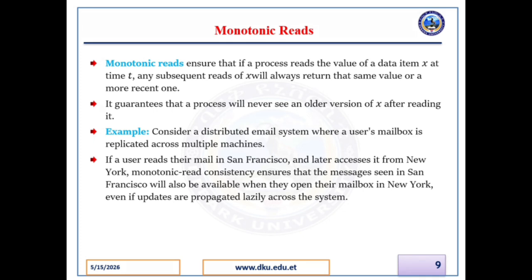For example, consider a distributed email system where a user's mailbox is replicated across multiple machines. If a user reads their mail in San Francisco and later accesses it from New York, monotonic read consistency ensures that the message seen in San Francisco will also be available when they open their mailbox in New York, even if updates are propagated lazily across the system.